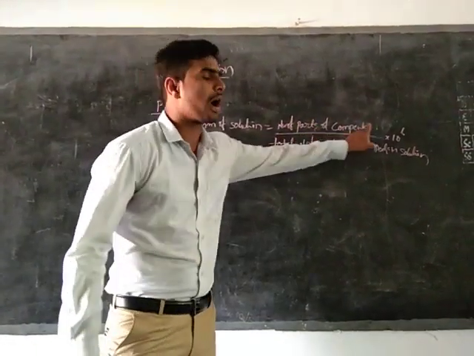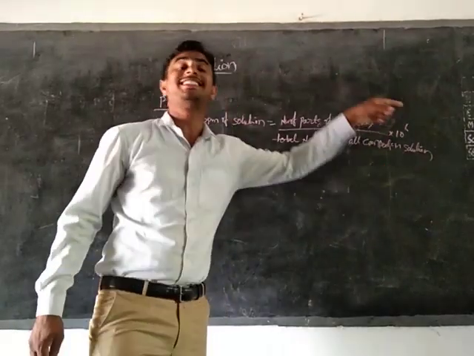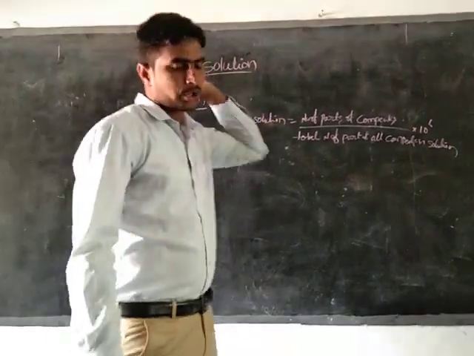Number of parts of components by total number of parts of all components in a solution into 10 to the power of 6 is the ppm of the solution.